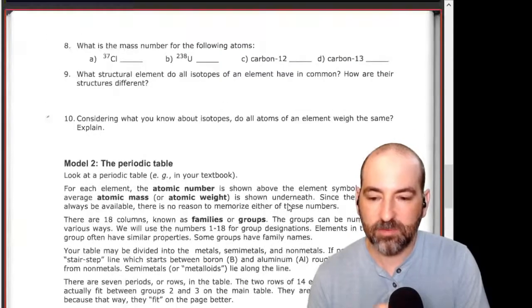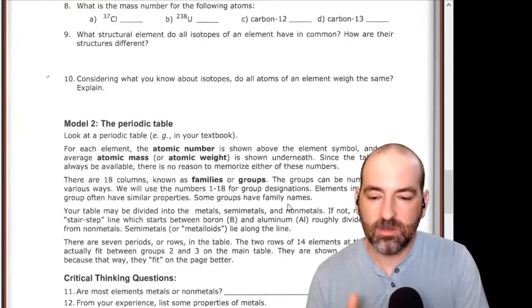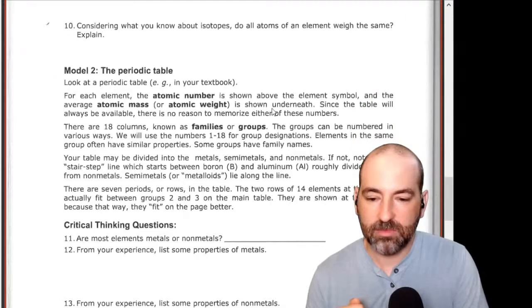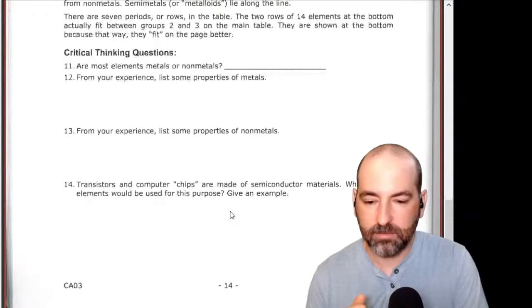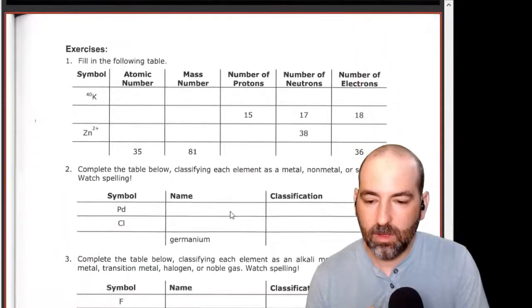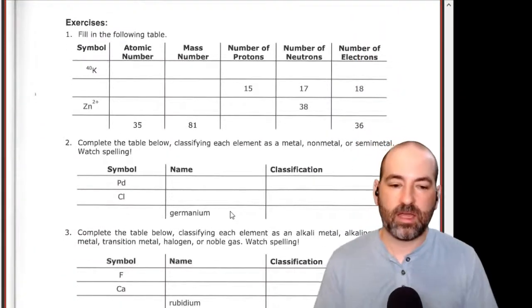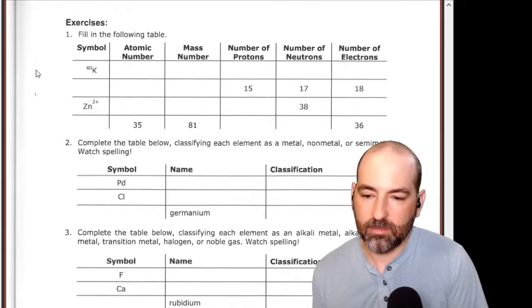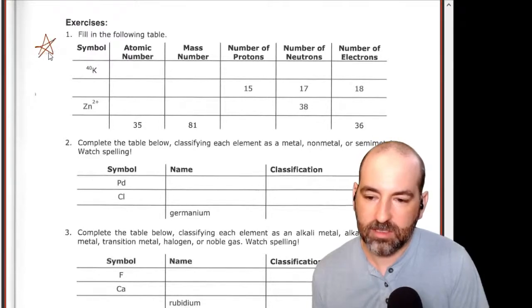So as with before, once you go through this, you'll get some information that'll help you out. And then you've got some exercises at the end. And one of the goals here, like the other one, is this right here.